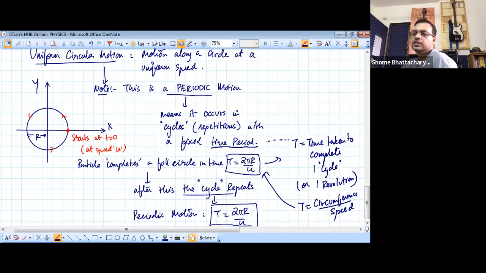Yes, another way of saying it, therefore, is that speed is 2 pi r upon time period. So here, if I don't know the speed, but I know the time period and the radius, then I can calculate the speed from that.